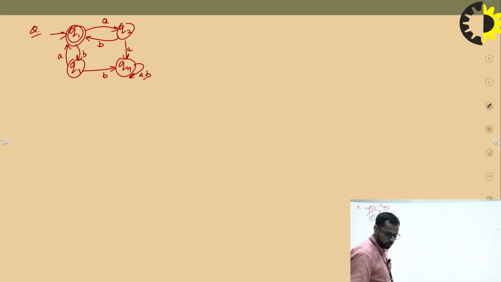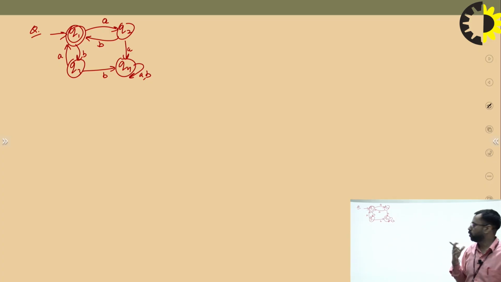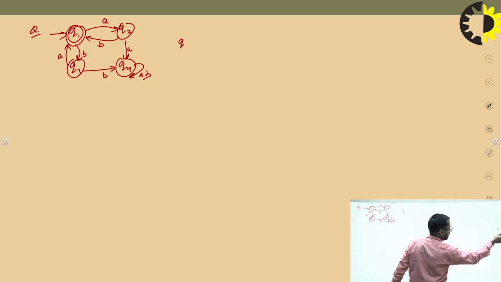If the given model is a DFA or NFA, and we have to transform this model into a regular expression, how is it possible? Basically, we calculate each state. To calculate each state value, first we will take Q1.